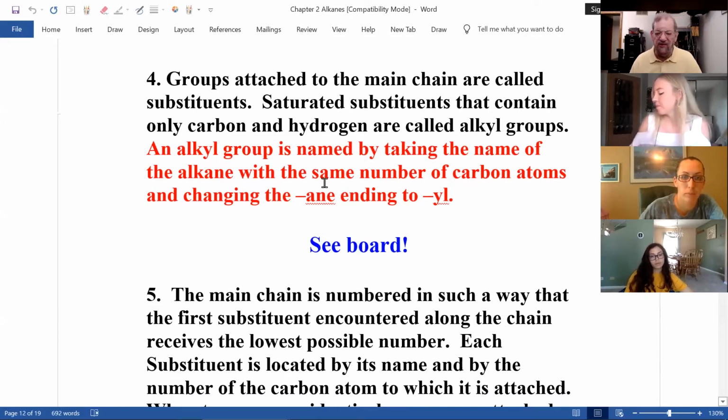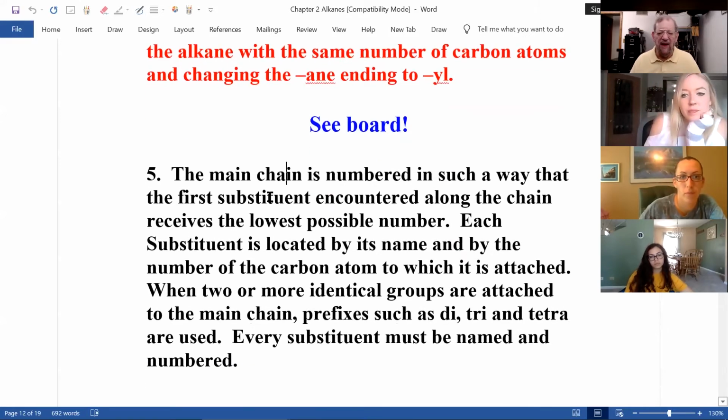Now, one way is to change the alkane name for one or two carbons by dropping the ANE and replacing it with YL. But I think it's easier. Memorize the table I gave you. And the main chain is numbered in such a way that the first substituent along the chain receives the lowest number. All right, I will never ask you on a test to write down these rules, but I will ask you to know how to use them. So let's go do some stuff.